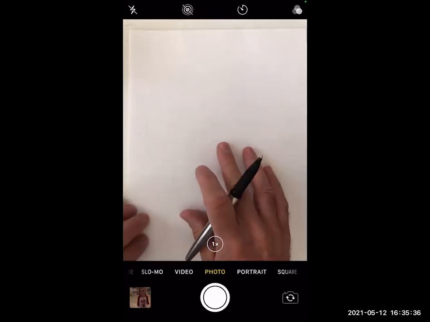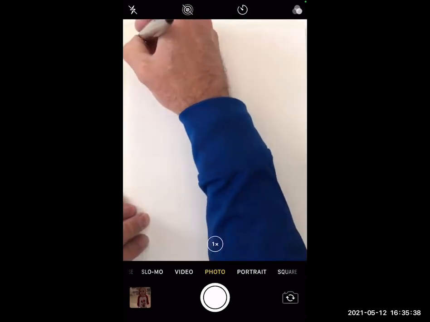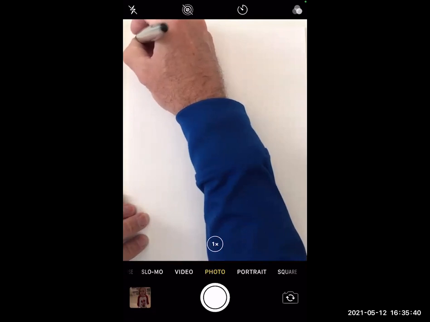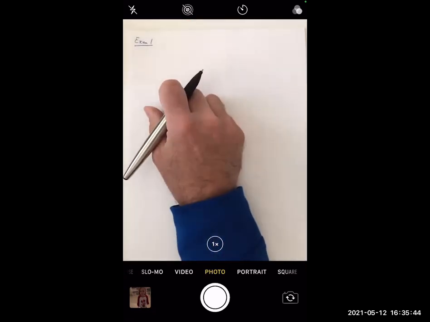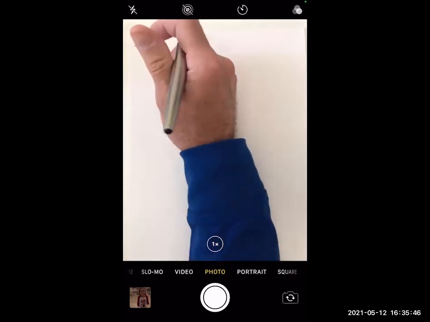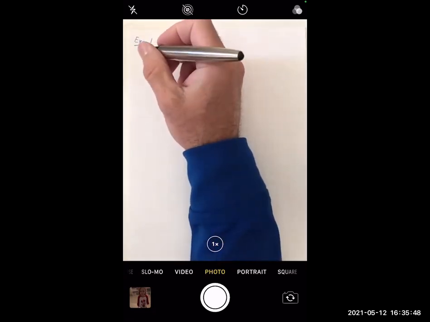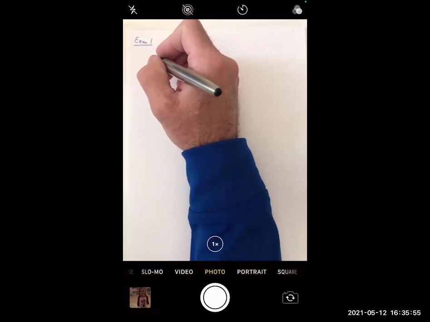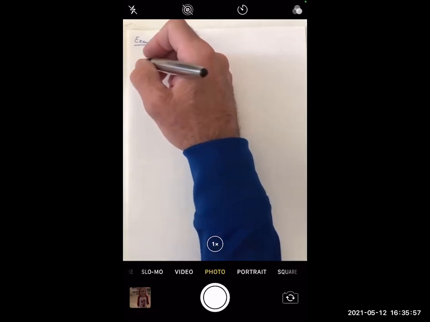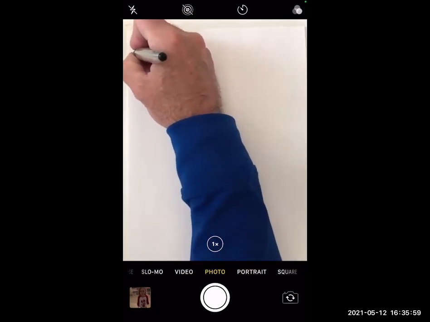But one of the ones that stuck out on exam 1, I think it was not that students didn't know how to do it. I think just some part of the definition got away from them, or just a little bit of the algebra. And that was on number 5.